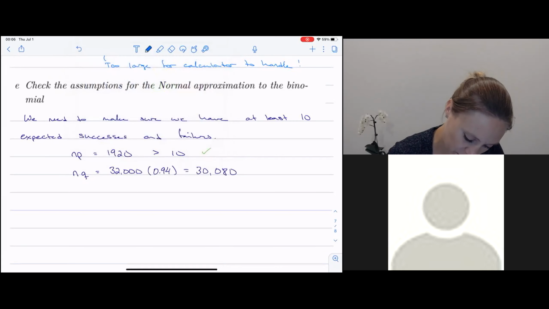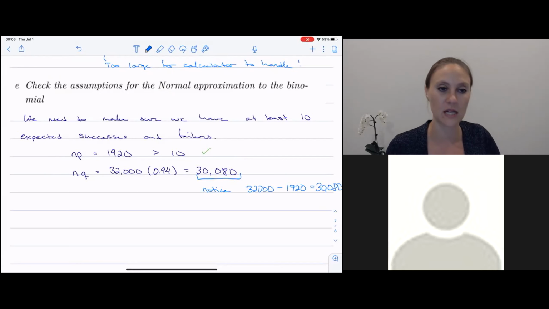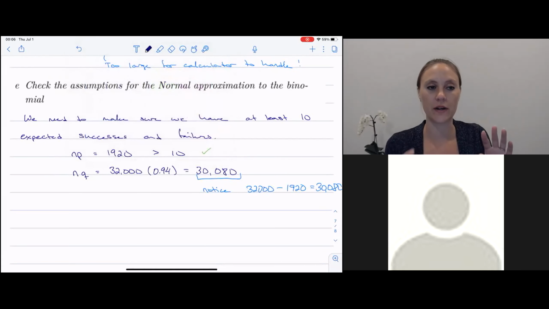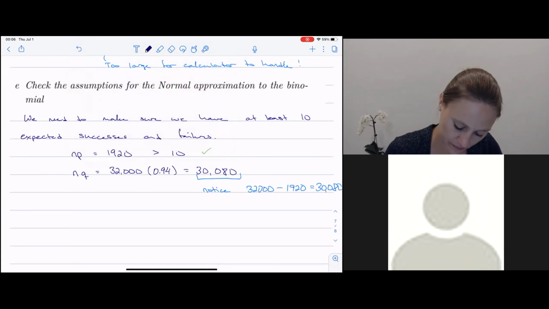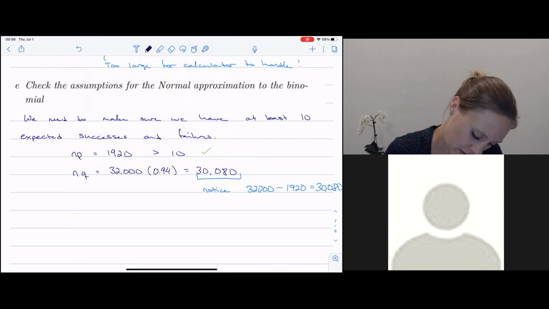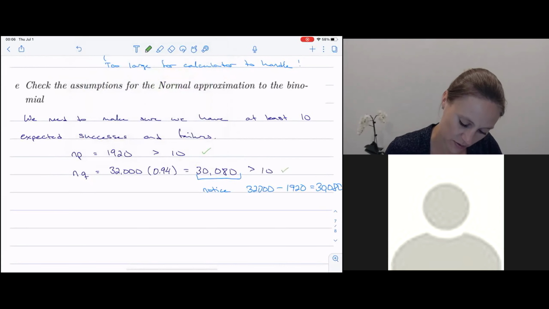But also notice that 32,000 minus 1920 is also 30,080. So either way you could have got there, but if you like the formula, then that's fine. Which is definitely more than 10, so that checks out as well.